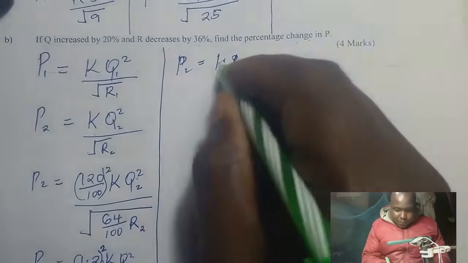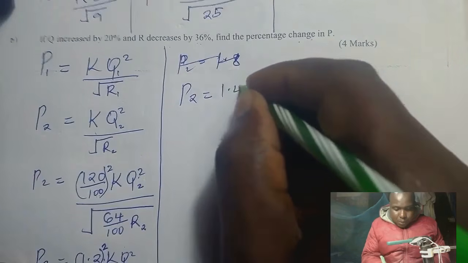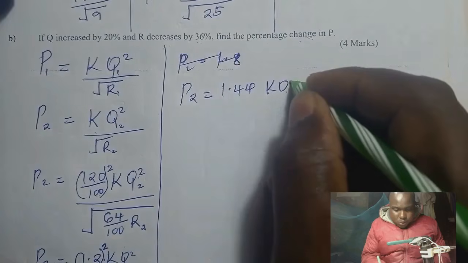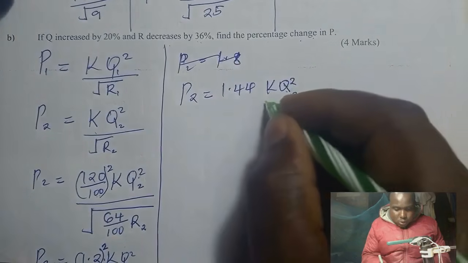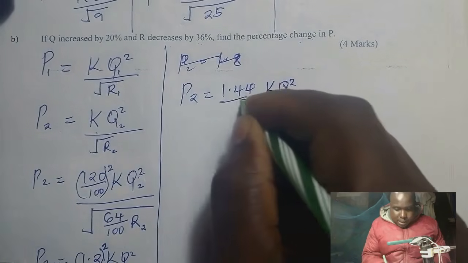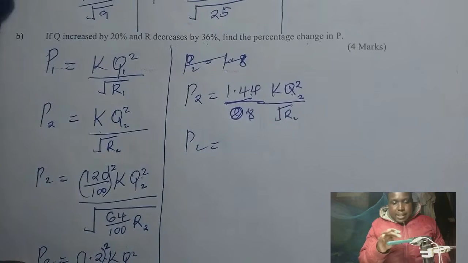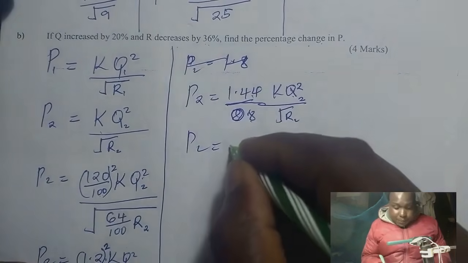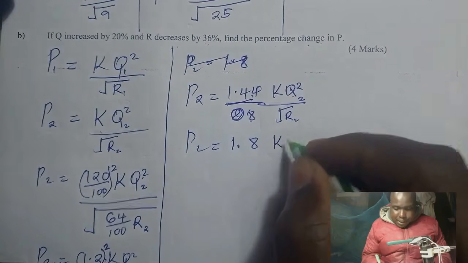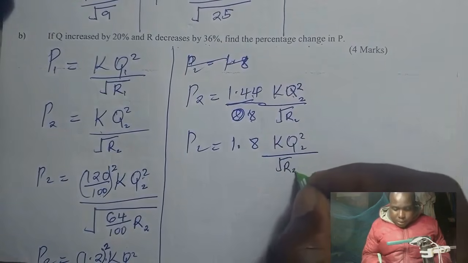So P2 is equal to 1.44 over 0.8. 1.44 divided by 0.8, you get 1.8. So 1.8 k Q squared divided by root R.